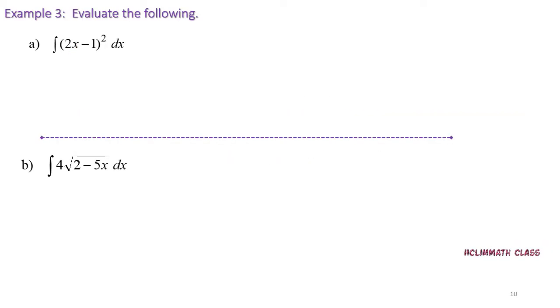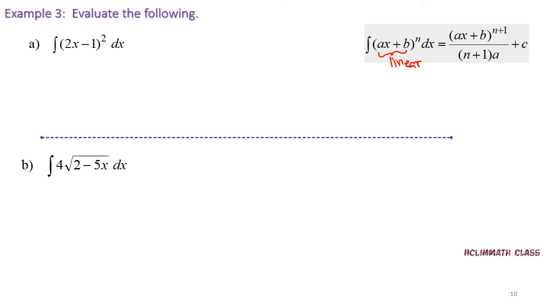Okay, for the third example, we have the rule for the integral of ax plus b. Before we do anything, we have to make sure that if you want to apply this rule, the inner function is a linear function.